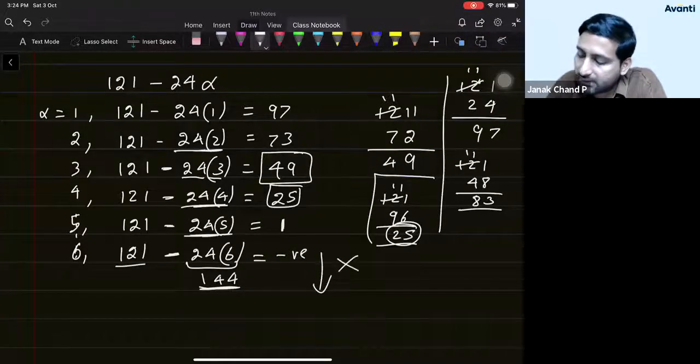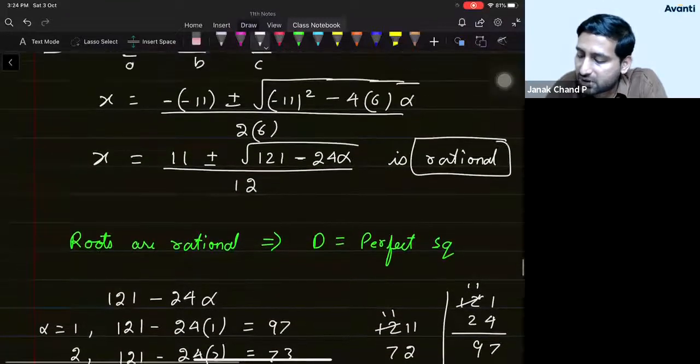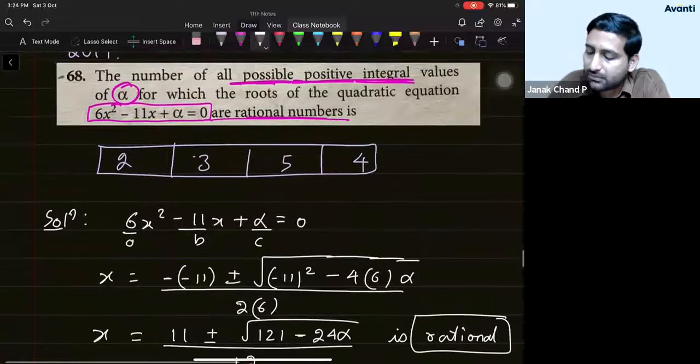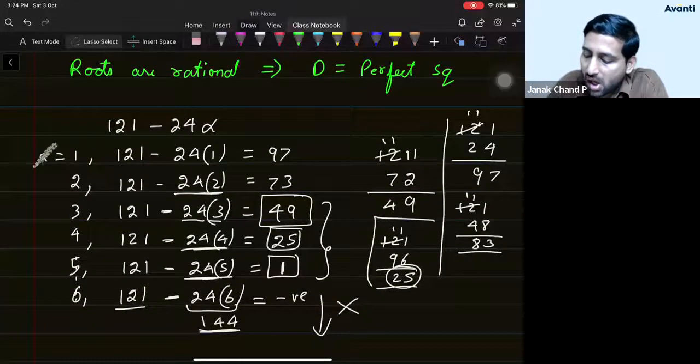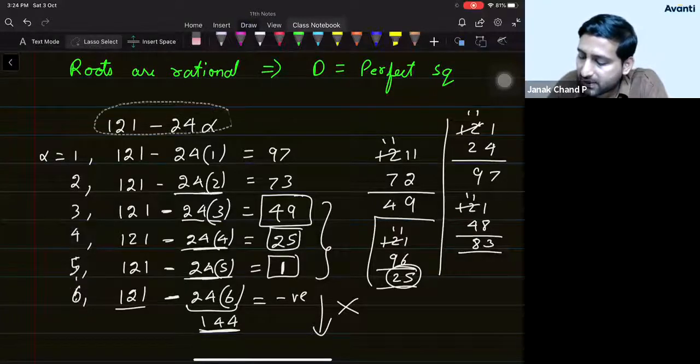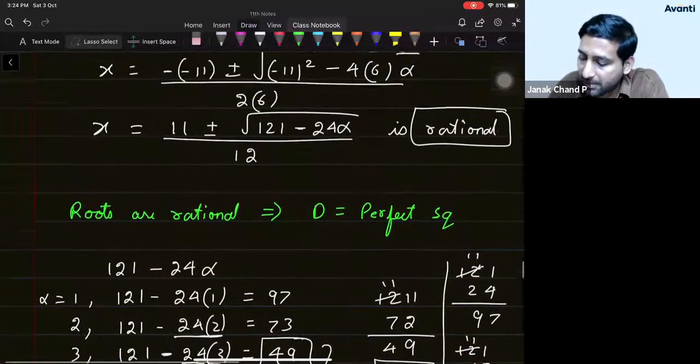As you can see, all these 3 are perfect squares. Hence the answer for this question is 3. The question was how many positive values of alpha exist so that this is a perfect square. You got a perfect square for 3 values of alpha, which are 3, 4, 5. Hence, the number of values is 3.